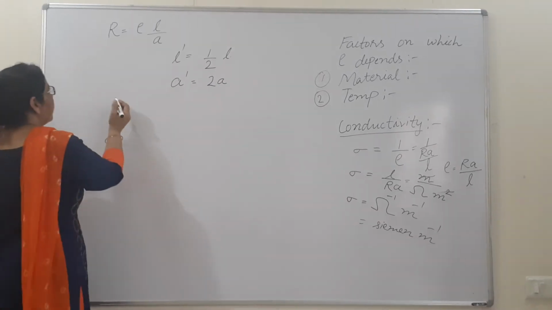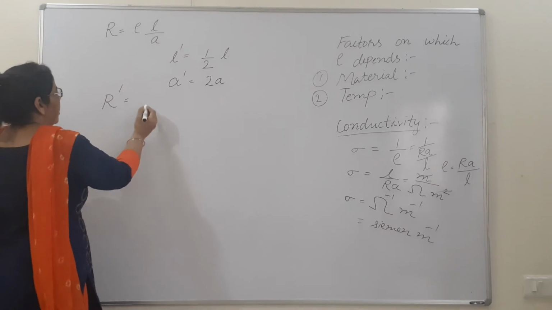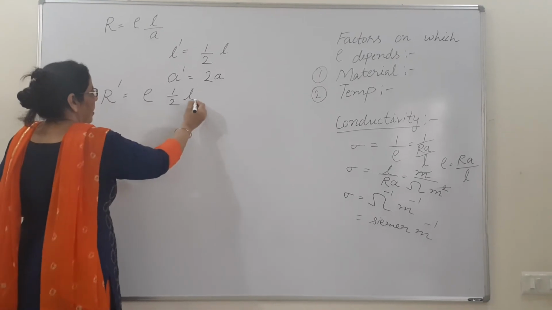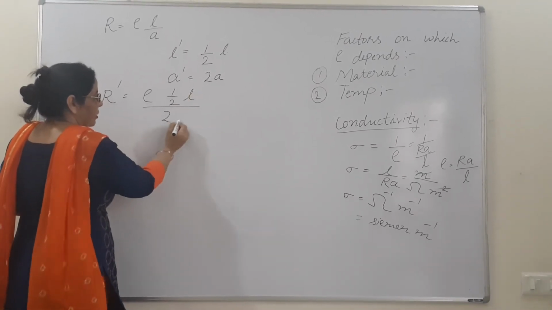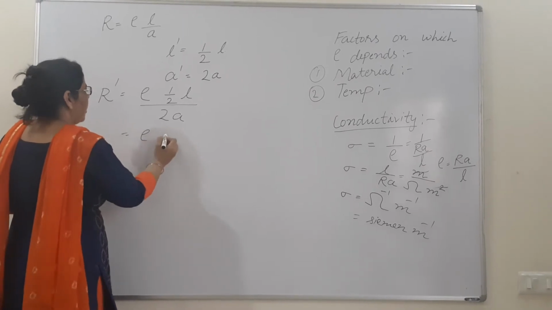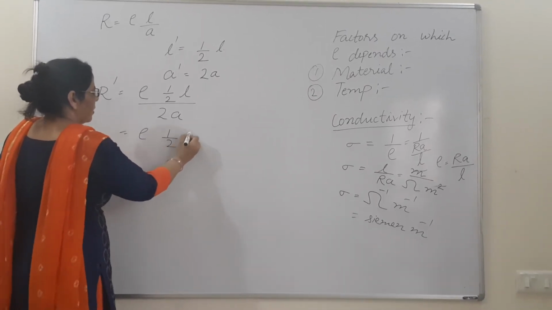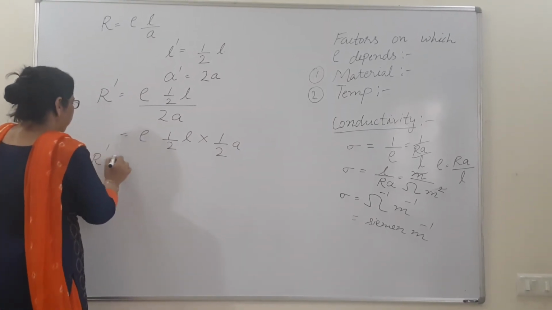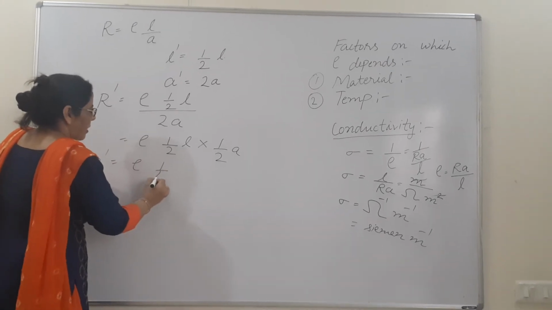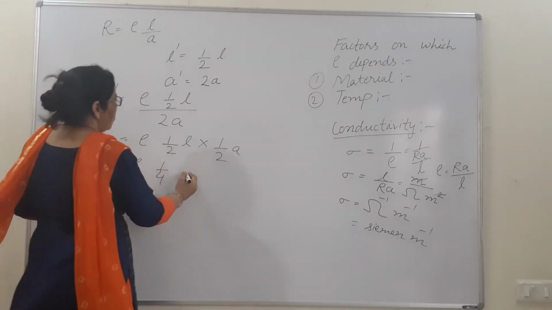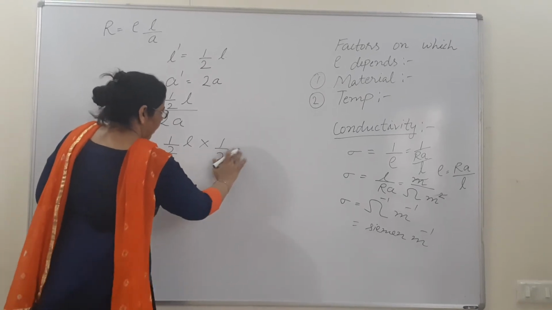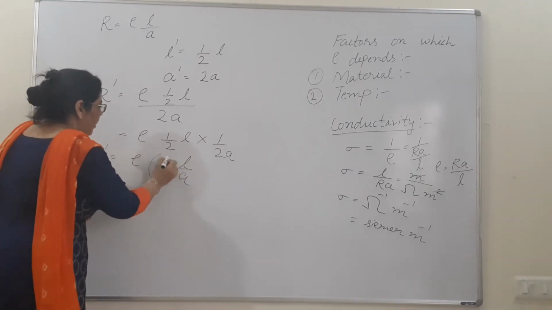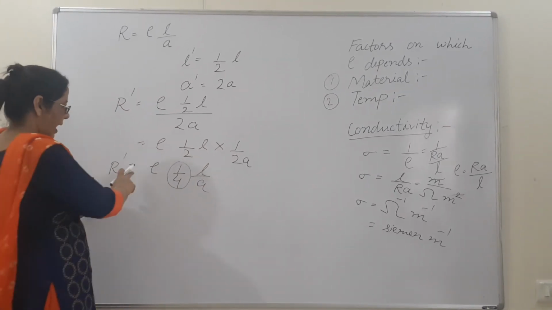Now what will be the new resistance? R dash will be equal to rho, now the new length is half L, divided by the new area, which is 2A. So R dash is equal to rho 1 by 4 into L by A. Now this numeric value you have to bring to the front.